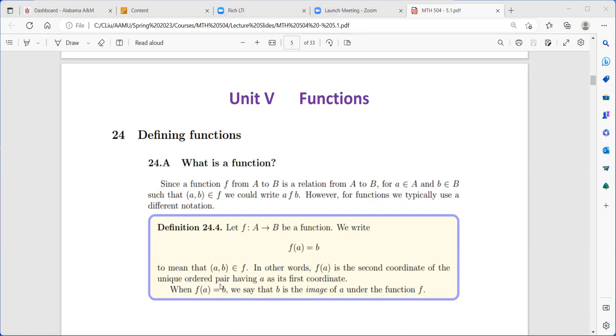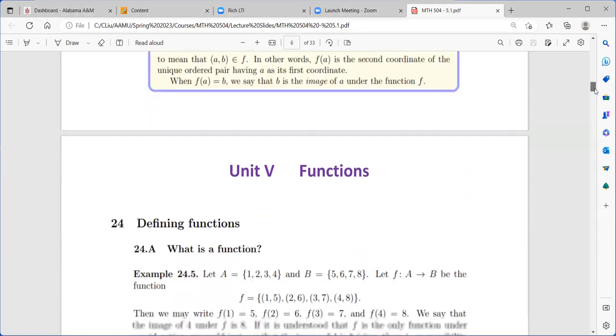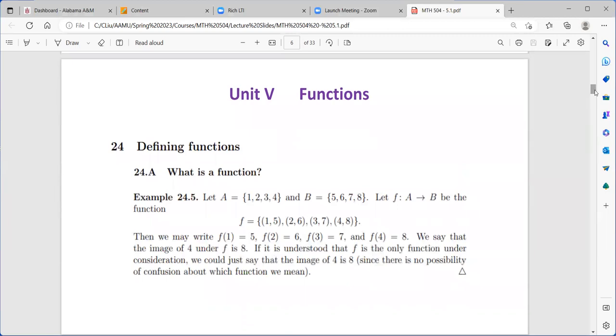And we have a special term for this b. If f of a equal to b, we say that b is the image of a under the function f. Okay, so b is the image. So that's another term to keep in mind. And you might have learned this before, but just make sure you know these things.